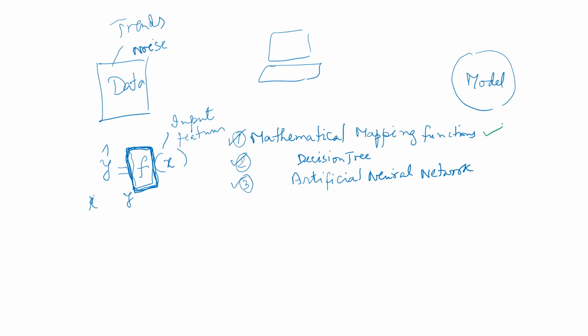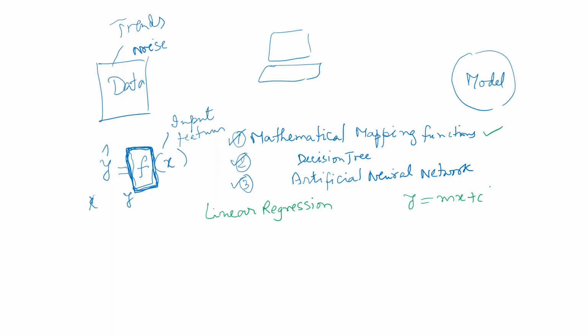To understand this problem, we help our computer with an algorithm that we call the linear regression algorithm. We studied linear regression in our school time. If I have particular data and want to fit the best fit straight line, we use a typical mapping function y equals mx plus c.